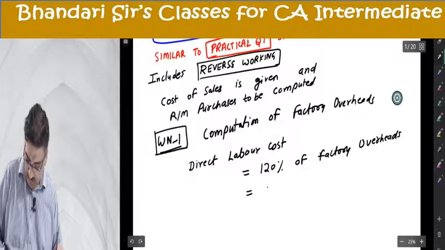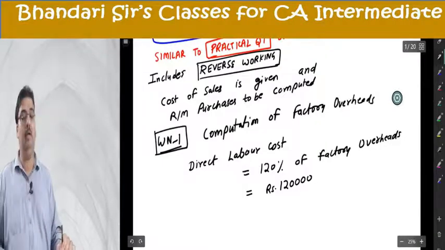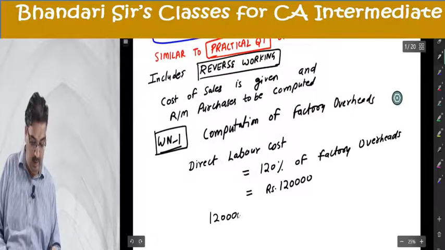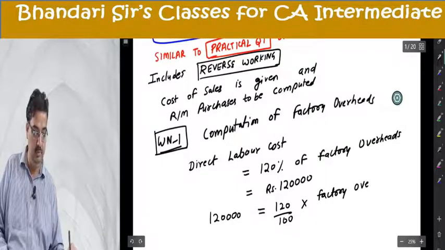It is given equal to rupees 1,20,000. So I can say that 1,20,000 is equal to 120 by 100 multiplied by factory overheads.